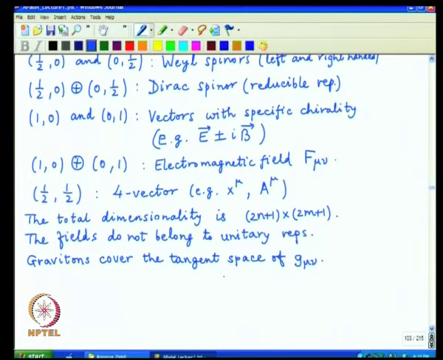With a little group algebra, we can construct the two index objects as tensor products of one index objects.